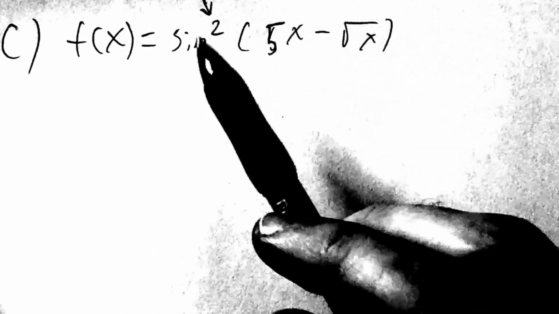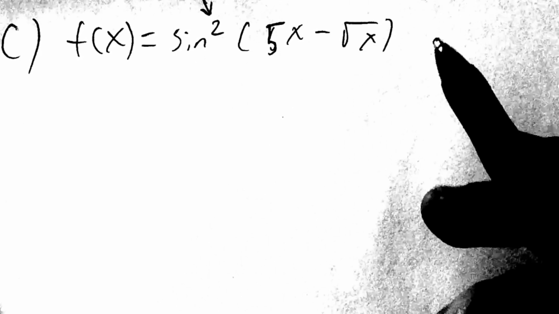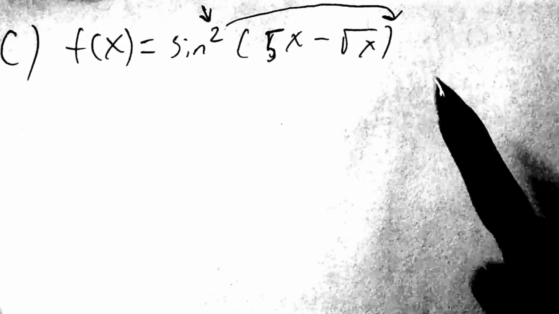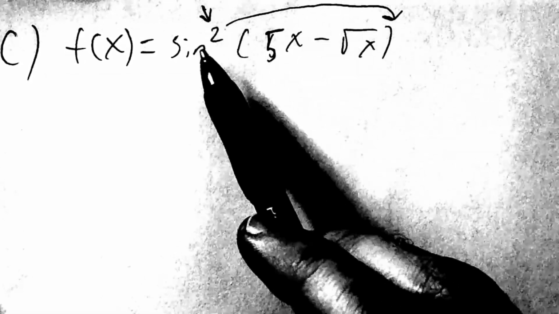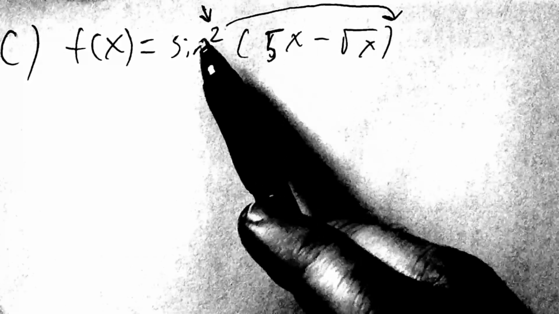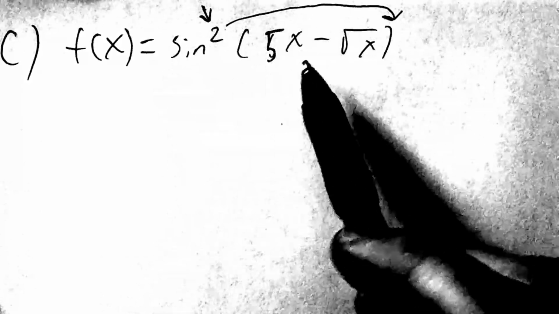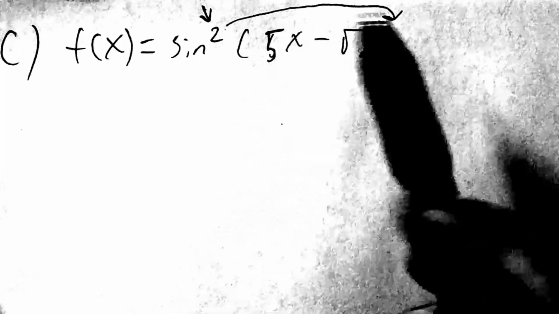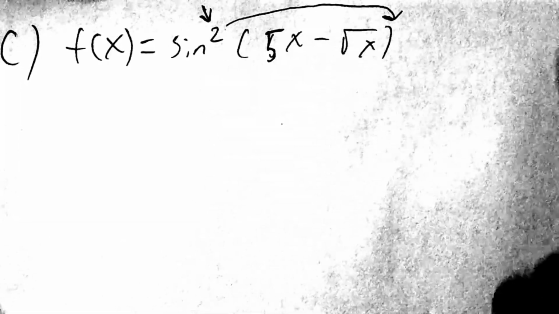So we're squaring sine of 5x minus root x. The notation really kind of belongs out here. You can picture it, but we don't write it there. We always put it here just to make it really clear that we're squaring the function, not this value. We're squaring it after we take sine, if that makes sense.